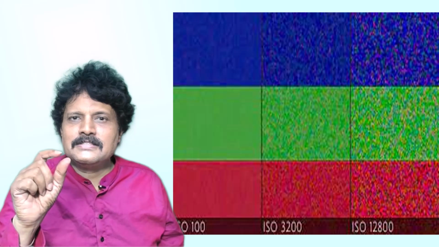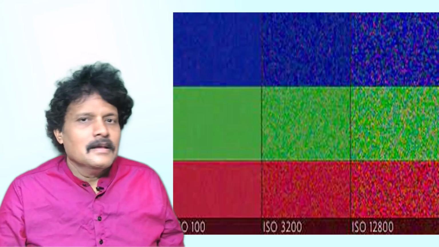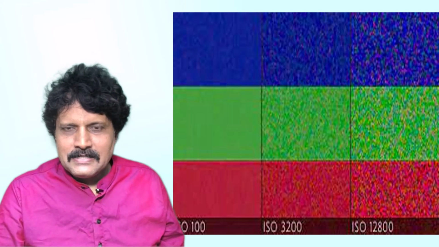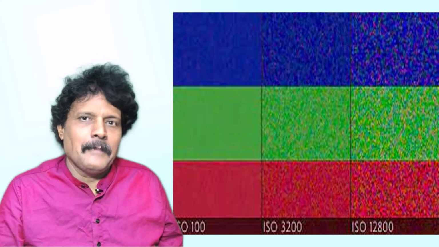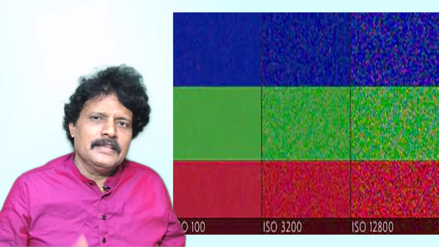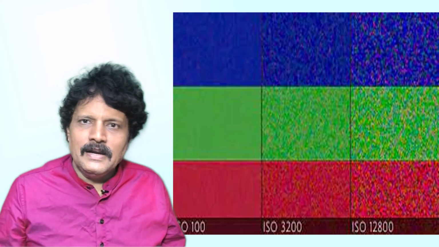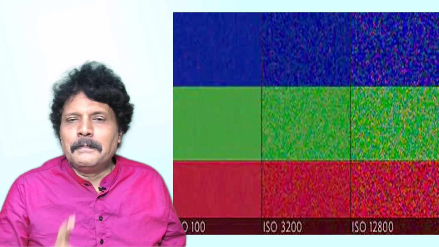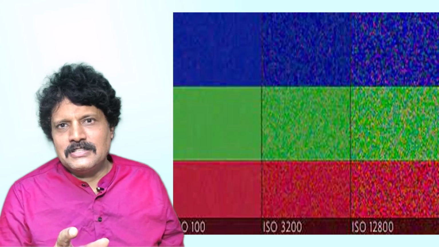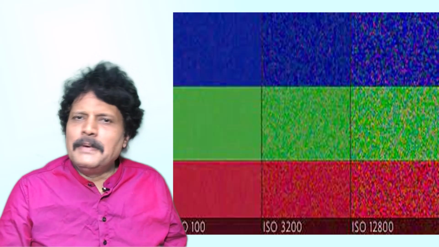And we call this noise in the digital world. In digital cameras, if you increase the ISO, if you amplify the signal from 100 ASA to 800 ASA, 8 times, the picture generates noise. And so, when you see this image, the picture will be very noisy, as I am showing you here.